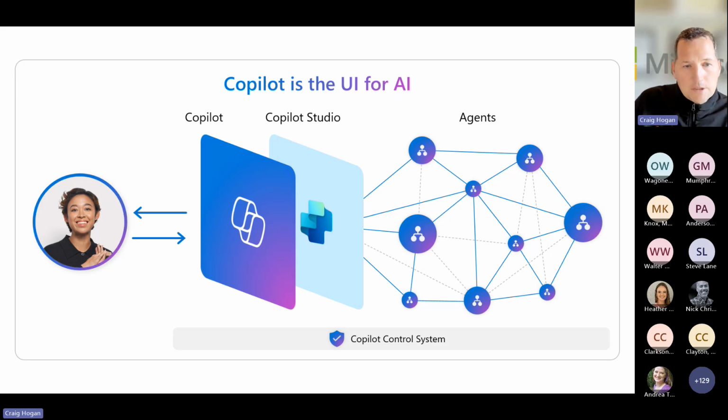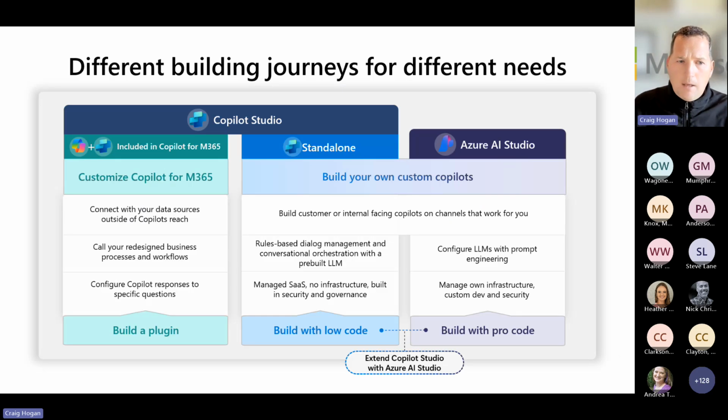And then Copilot Studio can call on or lean on agents that can drive different capabilities. We have everything from retrieval agents all the way up to proactive and reactive agents that can be doing things for us. So that's the framing of how all of that works.